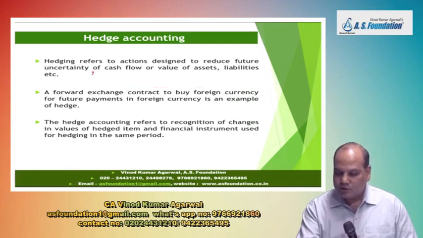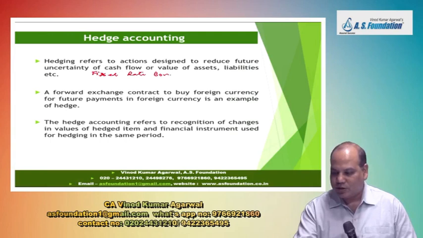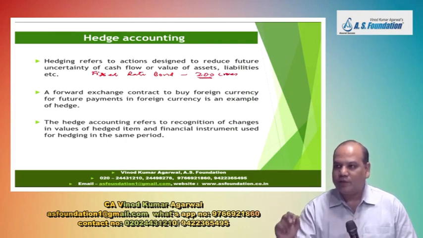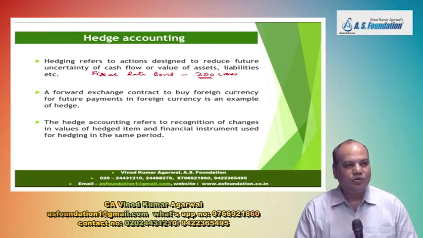Or suppose you have invested in a fixed rate bond. Fixed rate bonds are exposed to market interest rate risk. You have an investment in a fixed rate bond of 200 crore rupees and you want to sell it after 1 year. But then there is a risk.